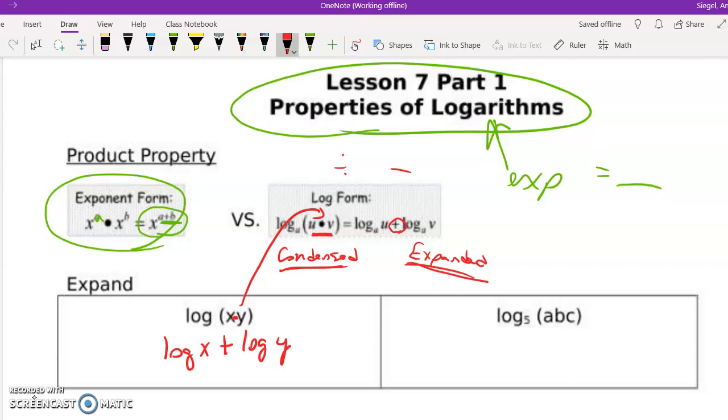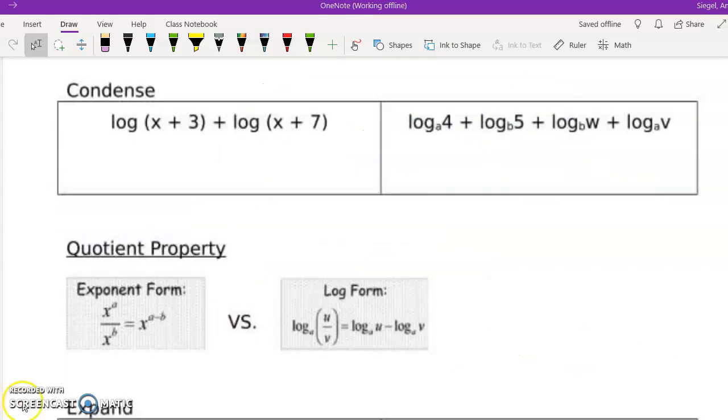So on this one, it's going to be log base 5 of a, and because again these are multiplied together, plus log base 5 of b plus log base 5 of c. So notice that the base stays the same the whole time, and when you're expanding, multiplying turns into plus.